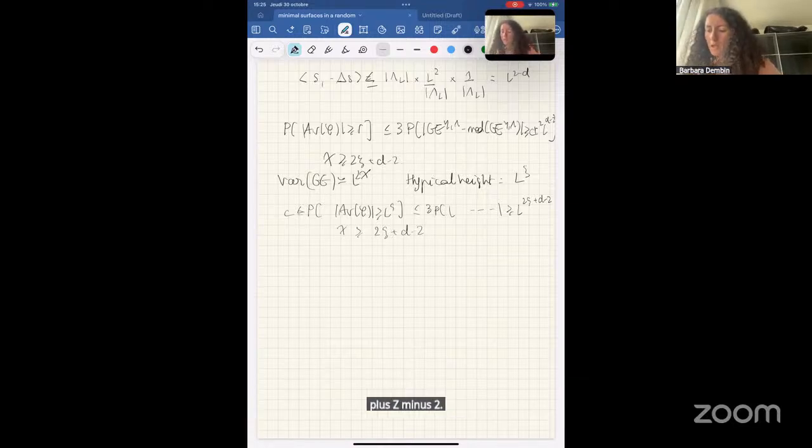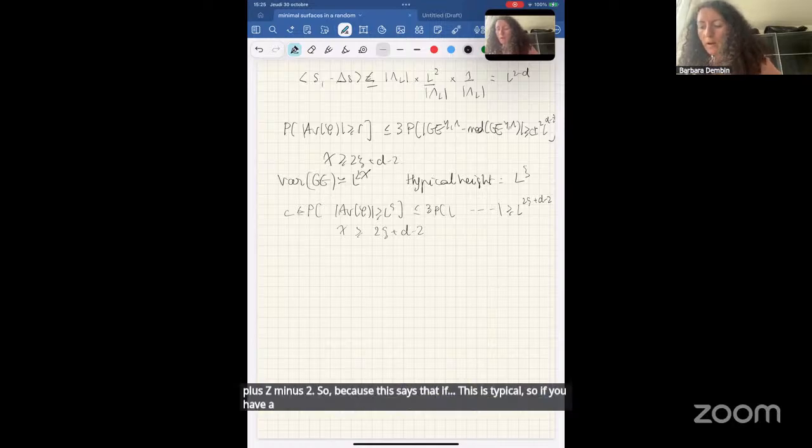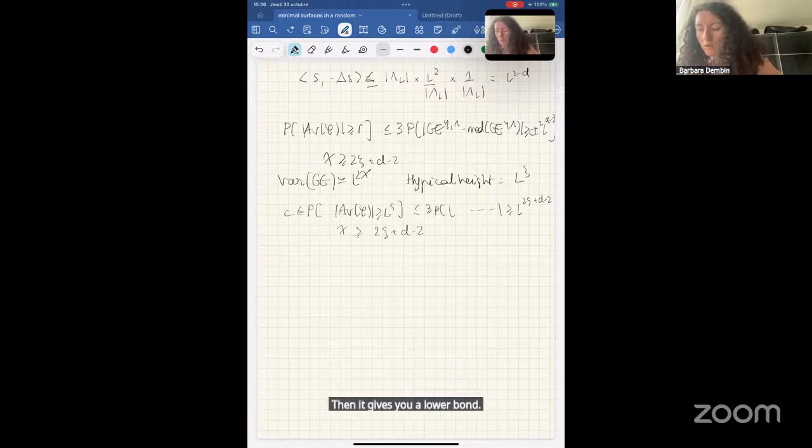So if you have a typical average fluctuation, it gives you a lower bound on the typical energy fluctuation. This is why you can understand this inequality as this version of the scaling relation.